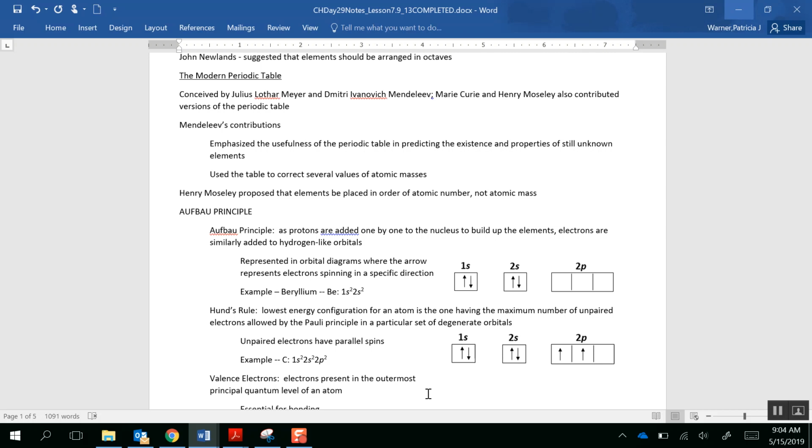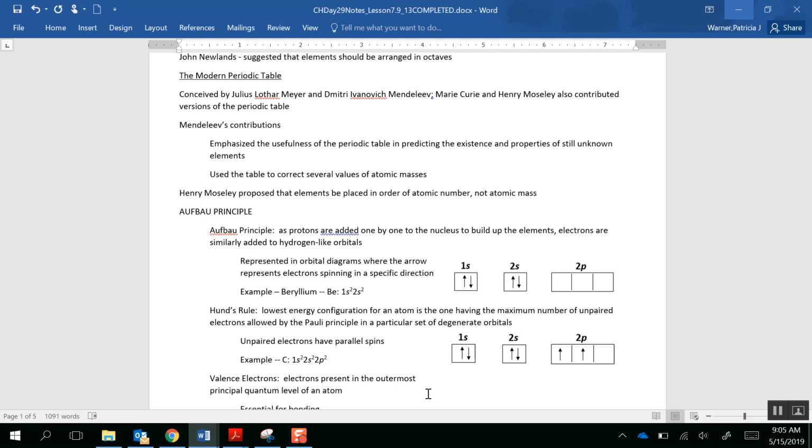So before we talk about electron configurations, let's talk about the Aufbau principle. The Aufbau principle basically says that as protons are added one by one to the nucleus to build up elements, electrons are similarly added to hydrogen-like orbitals. And then Hund's rule says that you have to have unpaired electrons before you have paired electrons.